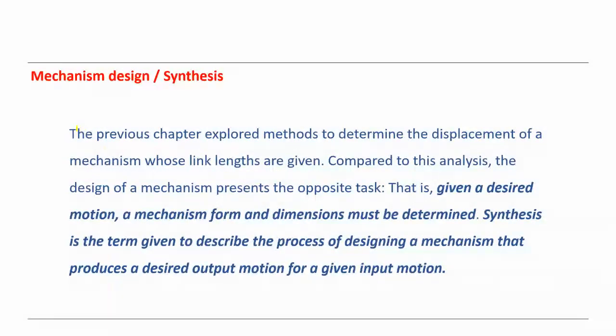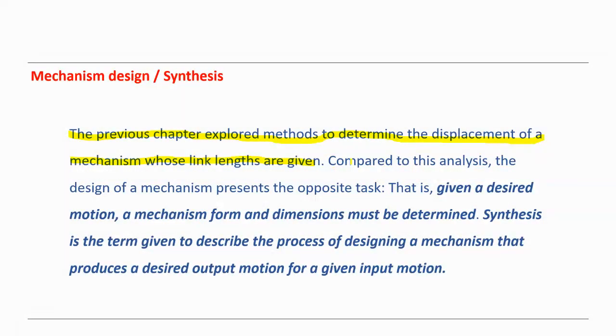So the previous chapter 4 explored methods to determine the displacement of a mechanism whose link lengths are given. So it was very important. Whose link lengths are given. Now is not given, so we have to define.